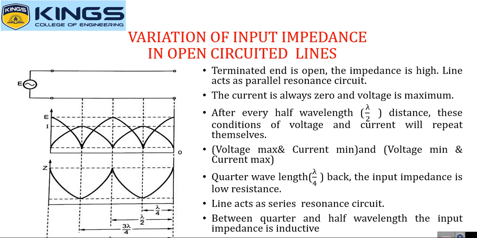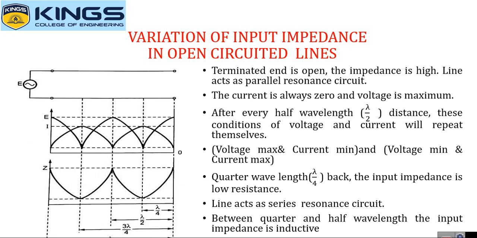The current is always 0 and voltage is maximum because it is open circuit. After every half wavelength distance, the condition of voltage and current will repeat themselves. In this open circuited condition, there is voltage maxima and current minima, and the next time, voltage minima means current maxima will occur.